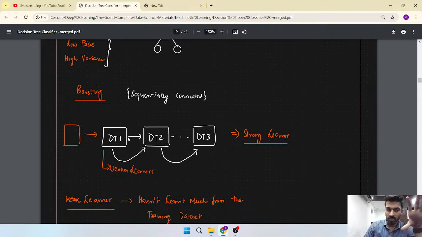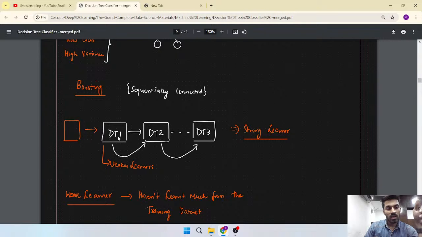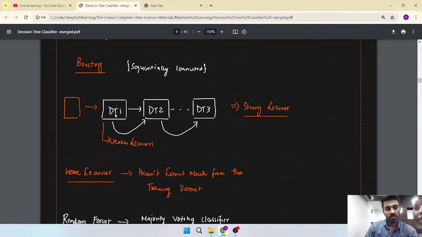So suppose we train these base learners on data. We train DT1 on data set 1, randomly taking data from data set 1. The second time, we give the second data to the second base learner in a sequential manner.